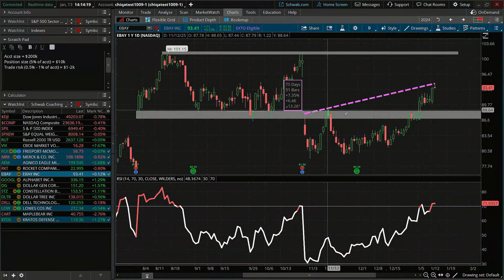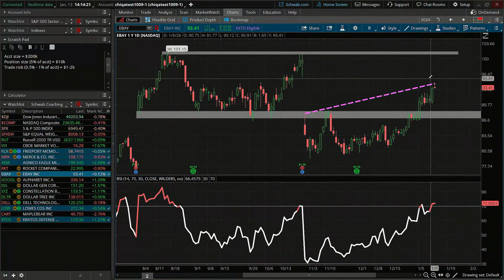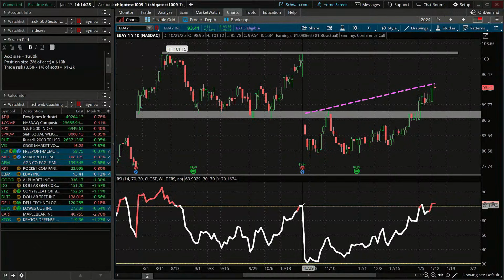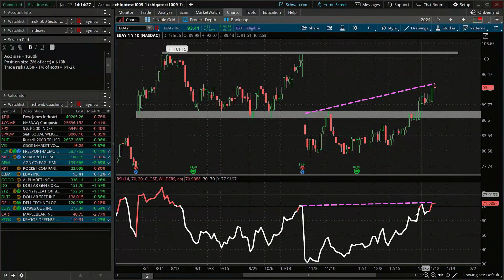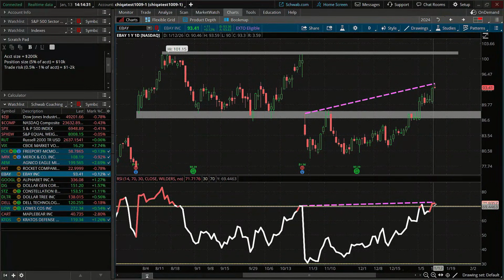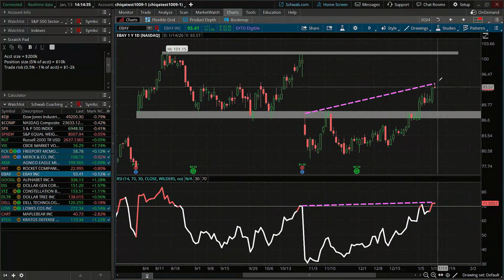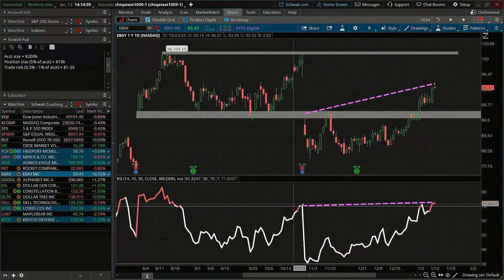So you can see that price is obviously making a higher high. Same thing here in the RSI. So we take this and we connect it there. Price is making a higher high in this case. So this is giving us confirmatory evidence that as price breaks to new highs, the momentum is following with it.